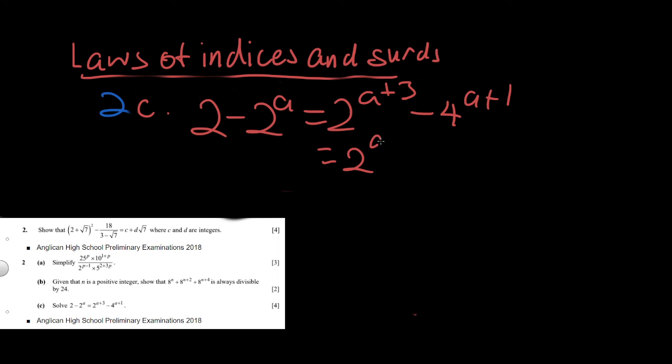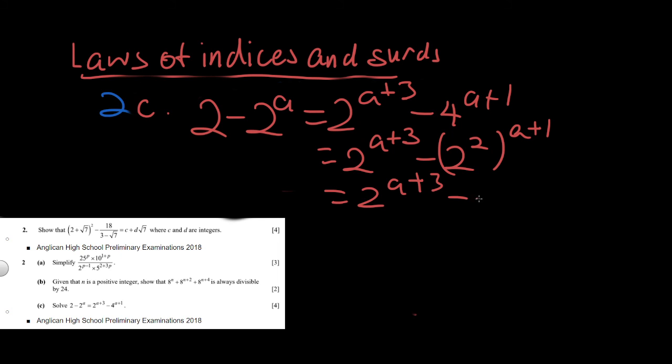Remember the same thing as the prime, so let's do square, which is equal to 2^(a+3) minus 2^(2a+1). Yeah. And now look at it, right?